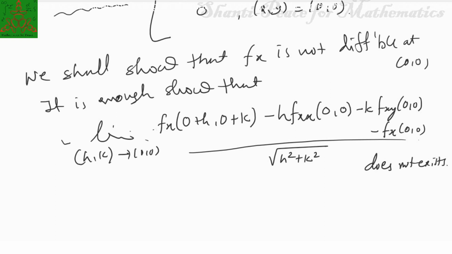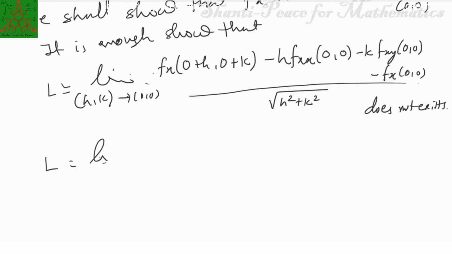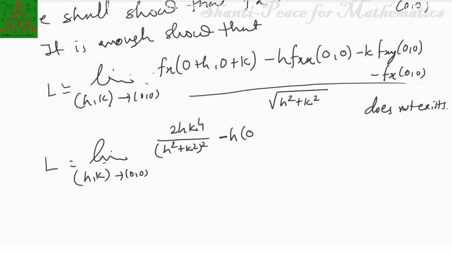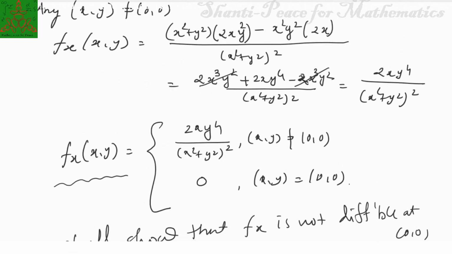If I call this quantity L, then L equals the limit as (h, k) tends to (0, 0) of f_x at (h, k). So by the definition of this f_x, we'll have 2hk to the power 4 upon (h squared plus k squared) whole squared, minus h f_xx at (0, 0), which is 0 because f_x at 0 is 0.